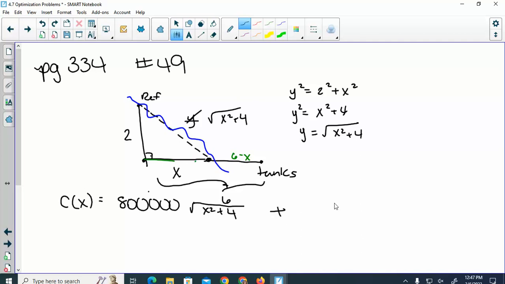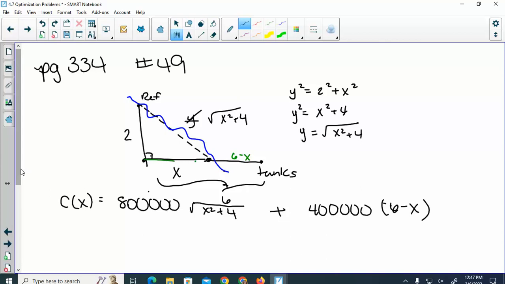And then I have to add in my cost on land. Land costs me 400,000. And what's my distance across the land? Square root of x squared plus... that was my water. Oh, just kidding. Probably 6 minus x.